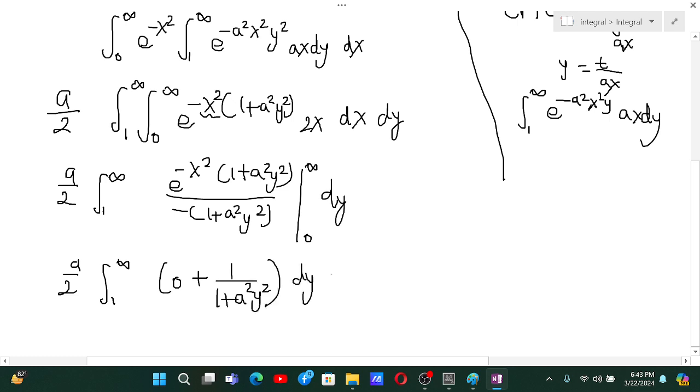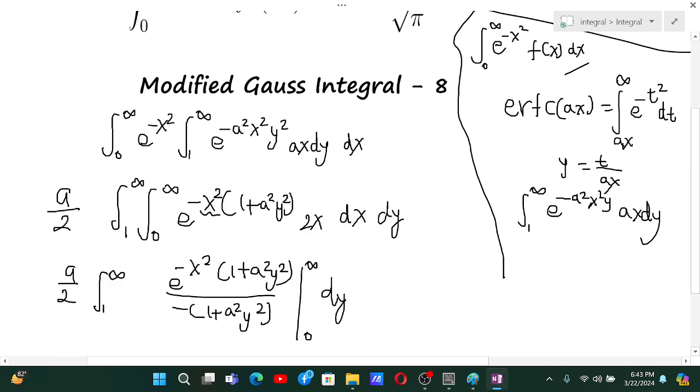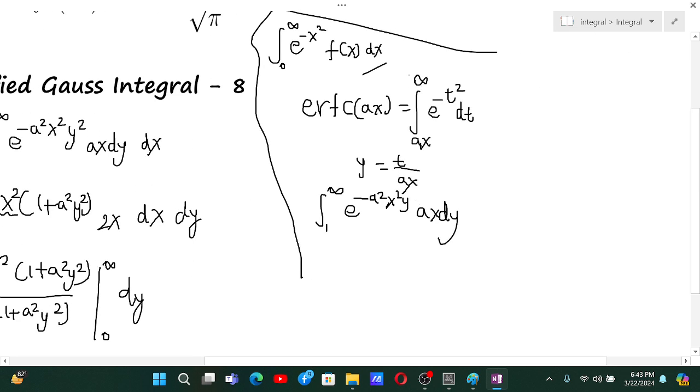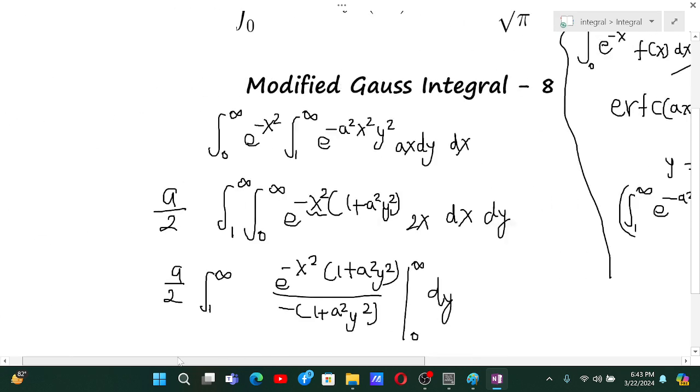Now this is easy to integrate, and I forgot something, like the ORC function. This is not really only this integral, this times 2 by root pi. I'm sorry, I forgot that.